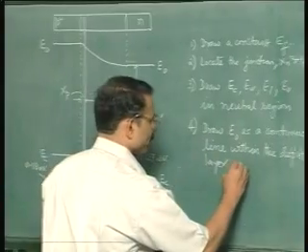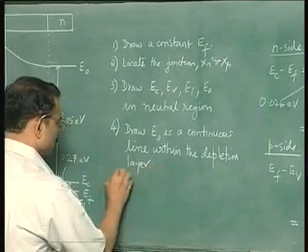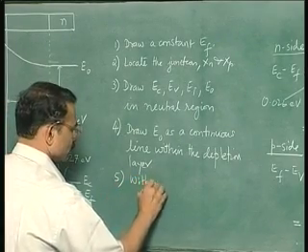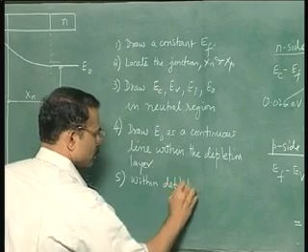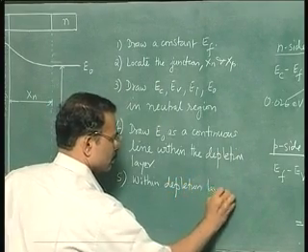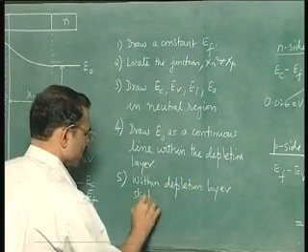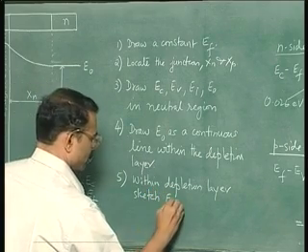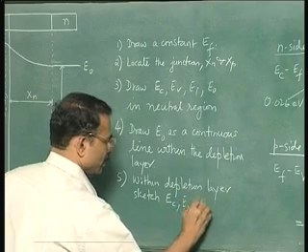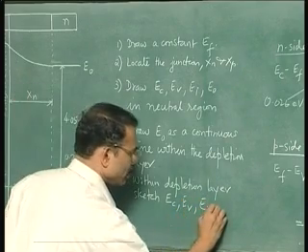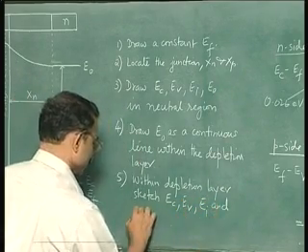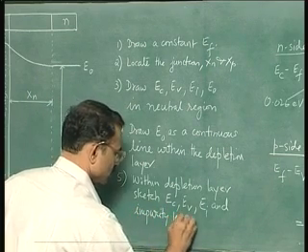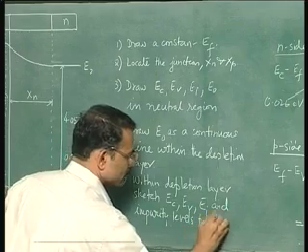So within the depletion layer, sketch EC, EV, EI and impurity levels parallel to E naught.